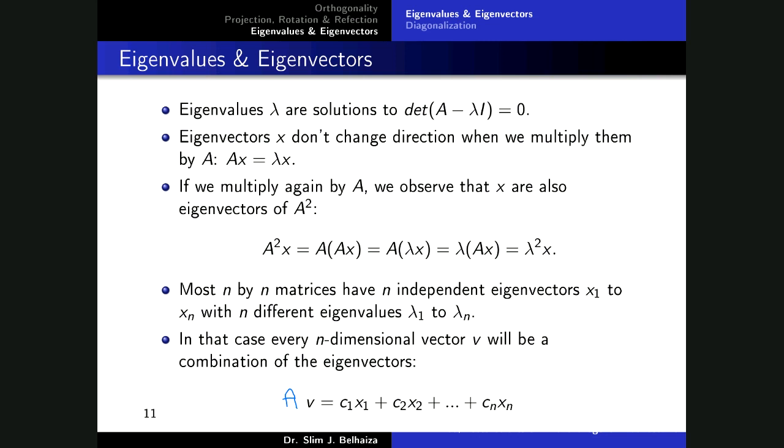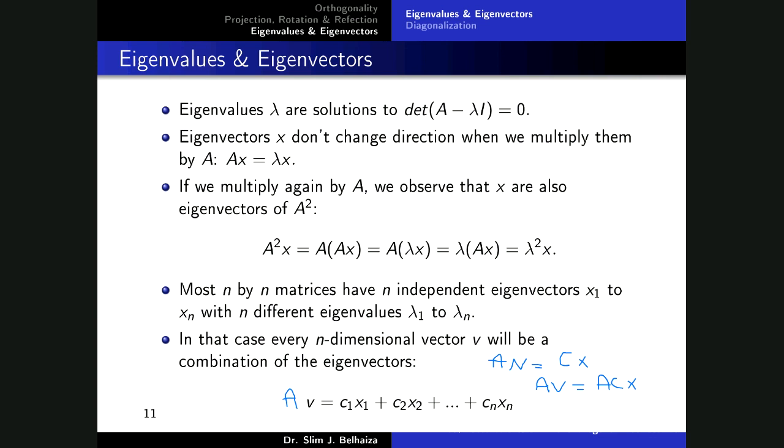Is that clear, Shabab? Since V is equal to Cx, let's say Cx, if you multiply A by V, it's like multiplying A times Cx.